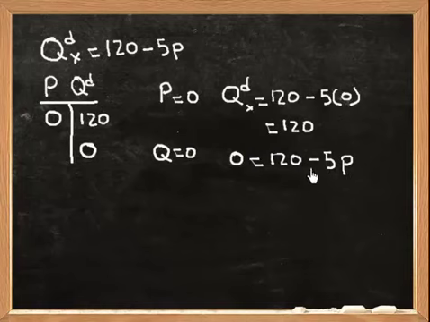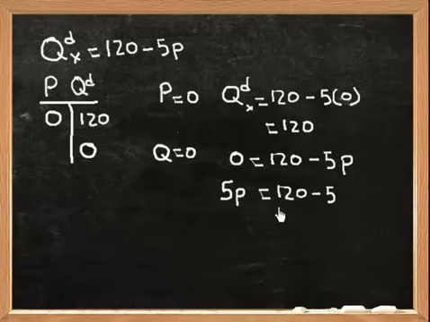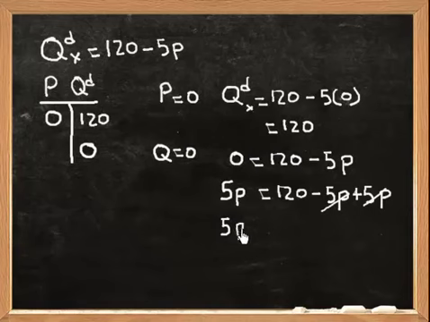In order to solve this for p, we can start by adding 5p to either side of this equality. So 0 plus 5p will be 5p, and here we have 120 minus 5p, and since we added 5p to this side, we need to add 5p to this side as well. Now 5p minus 5p cancel out, and we have that 5p is equal to 120.